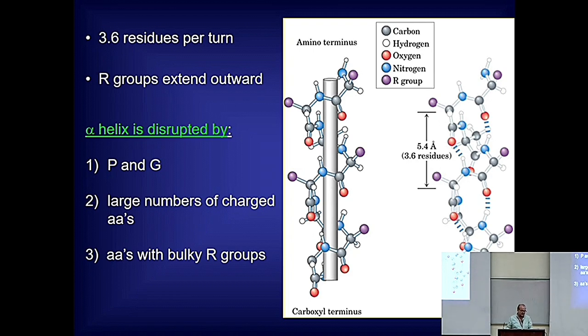The third thing that can disrupt it is, again, many large, bulky amino acid side chains, like phenylalanine, tryptophan, tyrosine, and so on. But they all have to be very next to one another. There's got to be several of them. One of them is not enough. There have to be 4, 5, 6 or more. However, a single proline or a single glycine can disrupt the alpha helical structure. Okay?